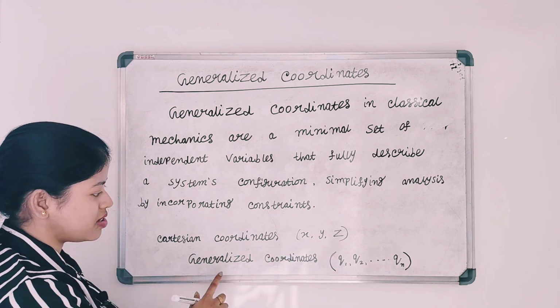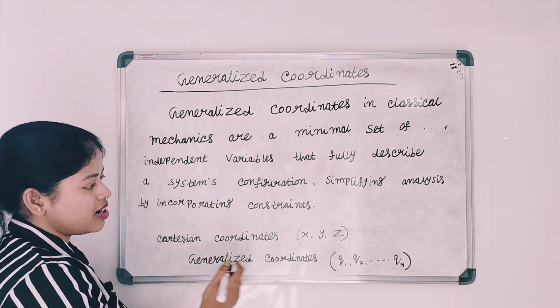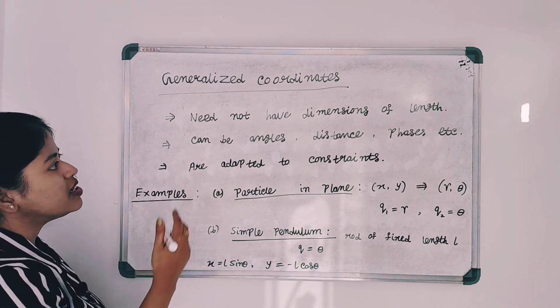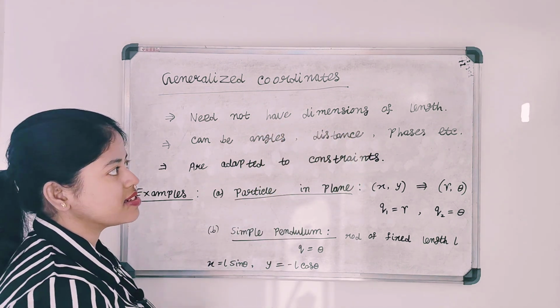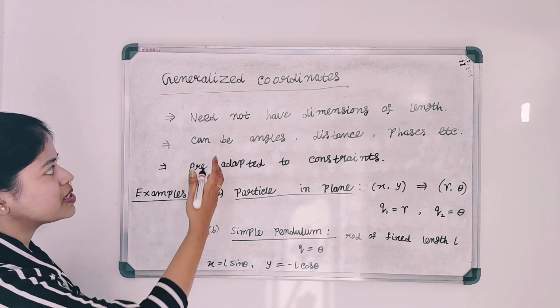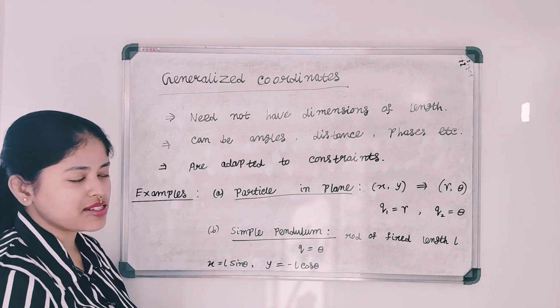Here we're going to use the generalized coordinates q1, q2, qn. They need not have dimensions of length, and they can be angles, distances, phases, etc., and they are adapted to constraints. These are some key features of generalized coordinates, and we're going to consider some examples.